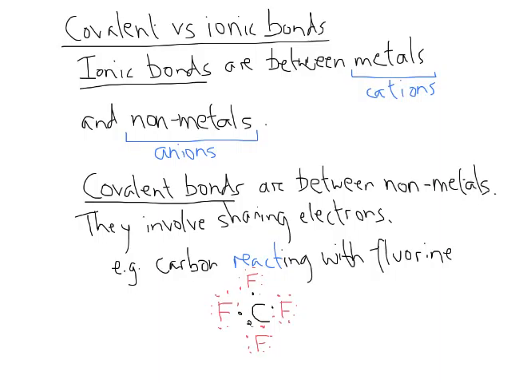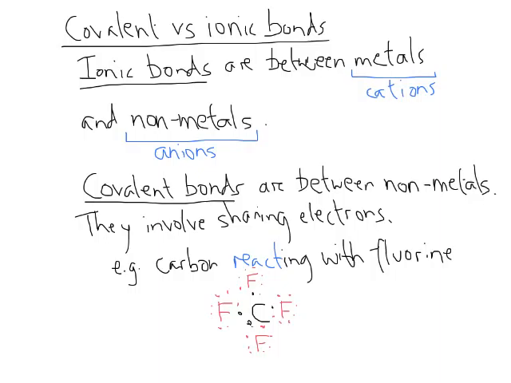So rather than giving or taking, it's just sharing. So if you want to work out, is a particular bond going to be an ionic bond, then you find out, is there a metal part of it? If there's a metal part of it, then you know it's got to be ionic, and it will involve cations and anions. If it's made up entirely of non-metals like carbon and fluorine, then you know it's going to be a covalent bond.